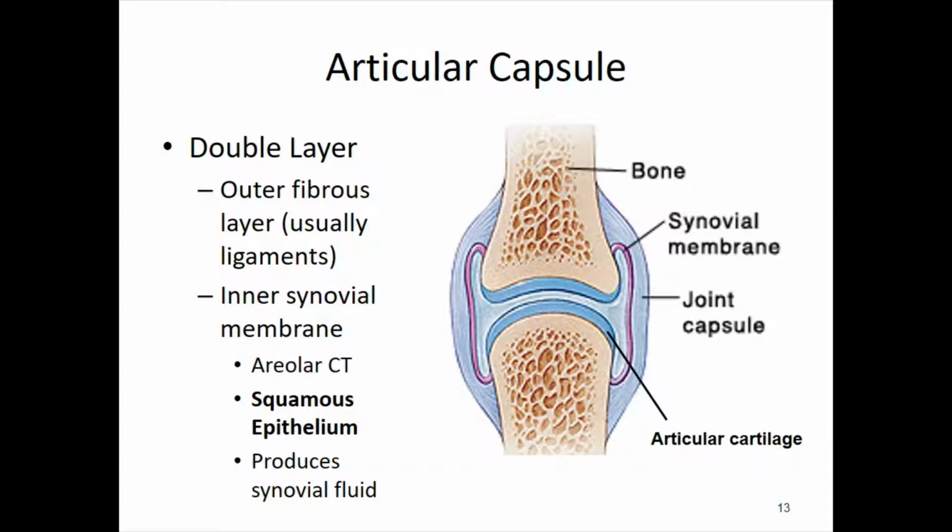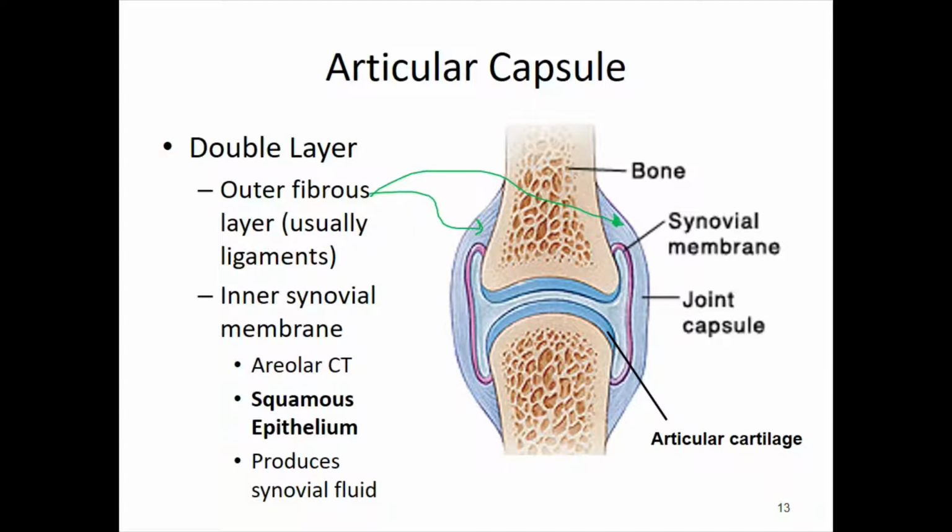More about the articular capsule. So again, it's a double layer. There's the fibrous layer, which is shown in this light blue here on both sides. A lot of times these are ligaments that we've named. You can have part of the fibrous capsule, articular capsule, that is not a particular ligament.